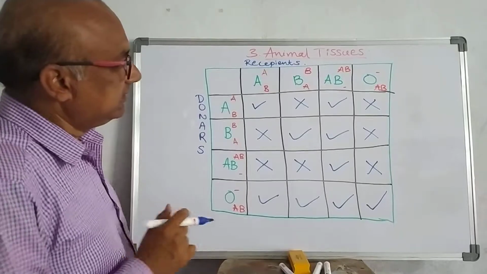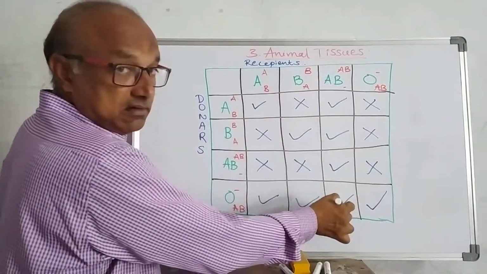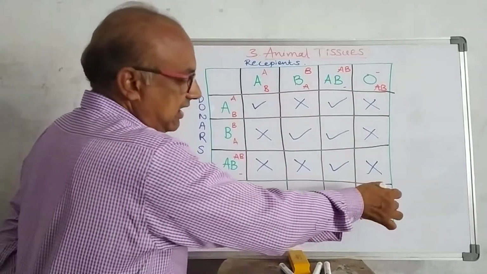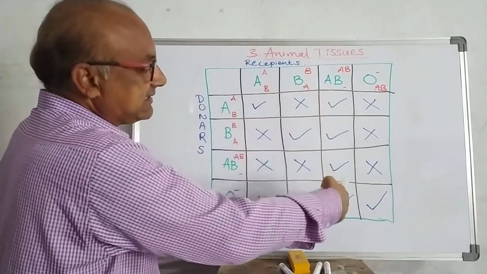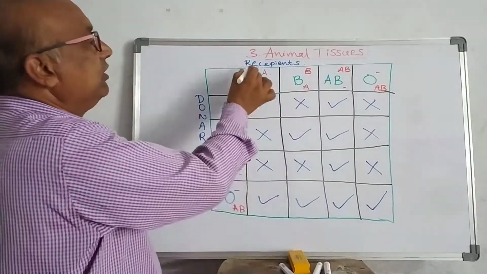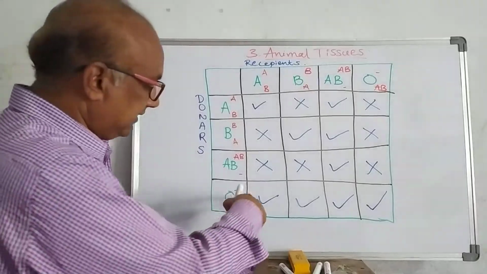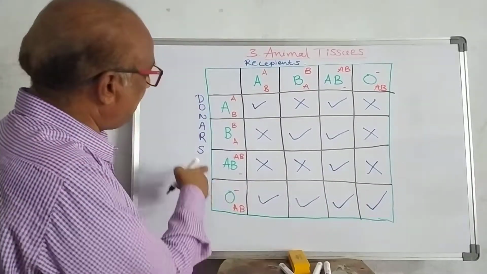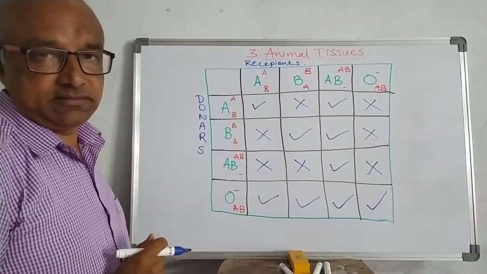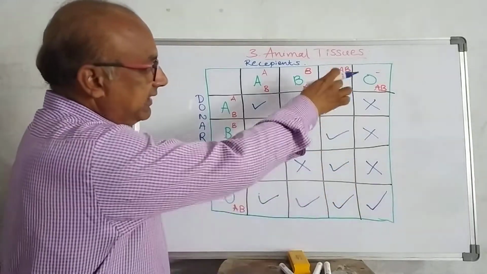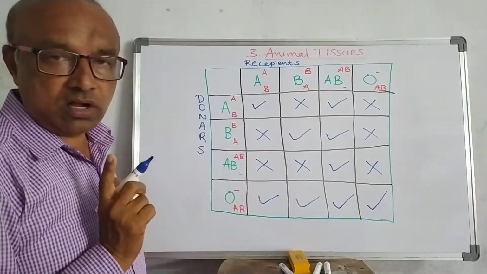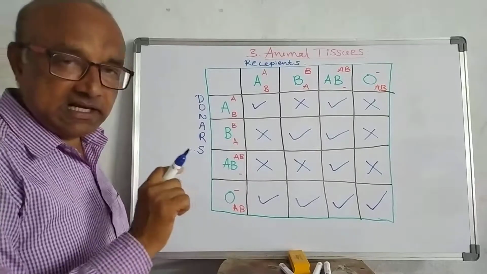What are they? This side you see all are suitable. This side you see all are suitable. This indicates that AB blood group persons are universal recipients. This indicates that O blood group persons are universal donors. By the checkerboard we can conclude two common generalizations.